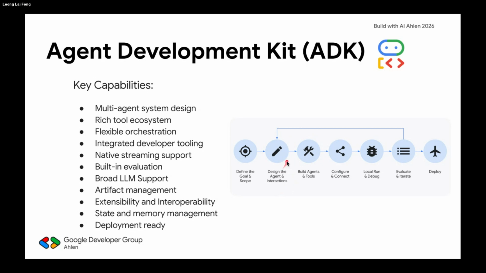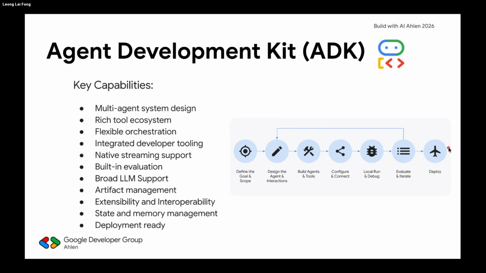After that, if necessary, we build the agents and the tools, or connect to MCP and so on. Then once it's ready, we run and debug. We will also cover the evaluation and then repeat the refinement until it's ready. Then we go for the deployment to production.